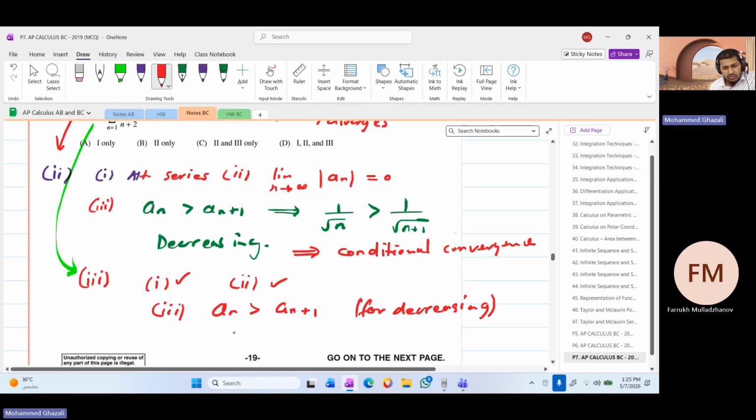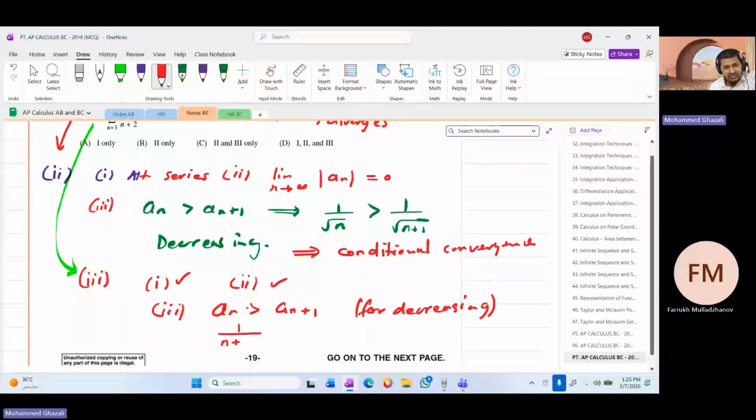We get 1 over n plus 2 versus 1 over n plus 3. 1 over n plus 2 is clearly greater than 1 over n plus 3. It's like substituting 1: that's 1/3 here, and if you substitute 1 there, it's a quarter. So 1/3 is greater, so it is conditionally convergent.